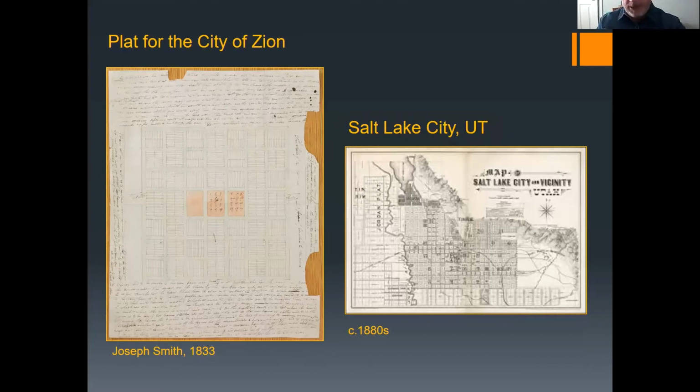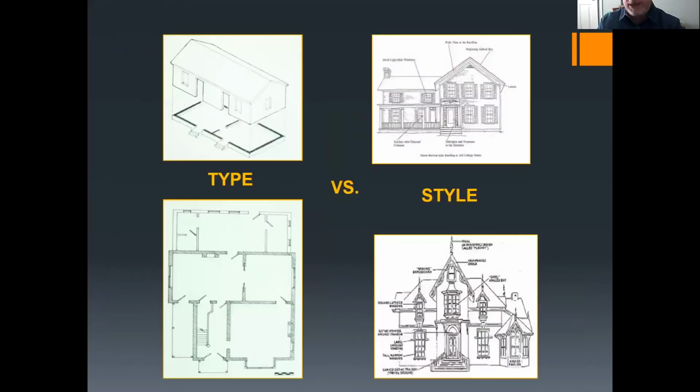When I'm discussing this today, we are talking about the architectural type. And so we classify buildings mostly by the type, or in the case of residential properties, the basic layout of the floor plan. We also talk about style, but that's more of an outside influence, more on design characteristics rather than the plan.